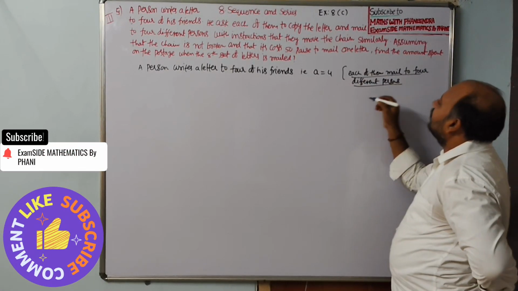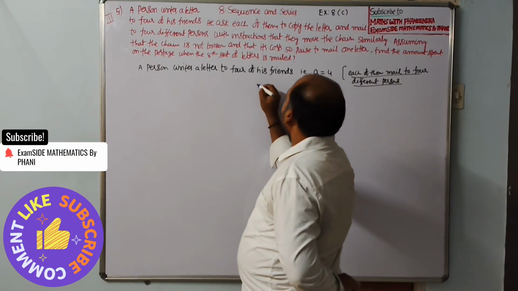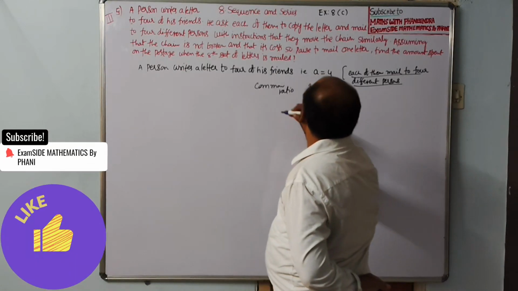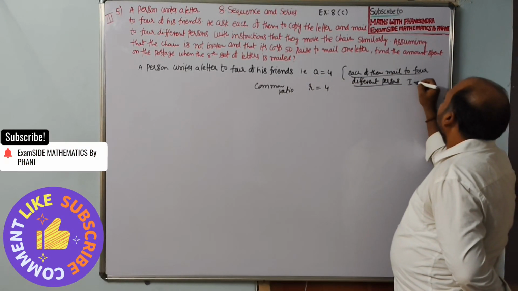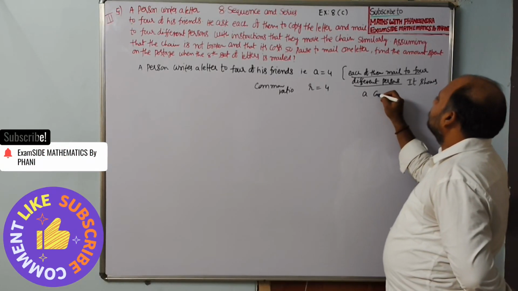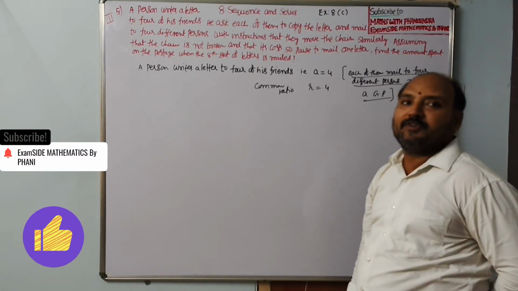Then common ratio R is equal to 4. It shows a geometrical progression.